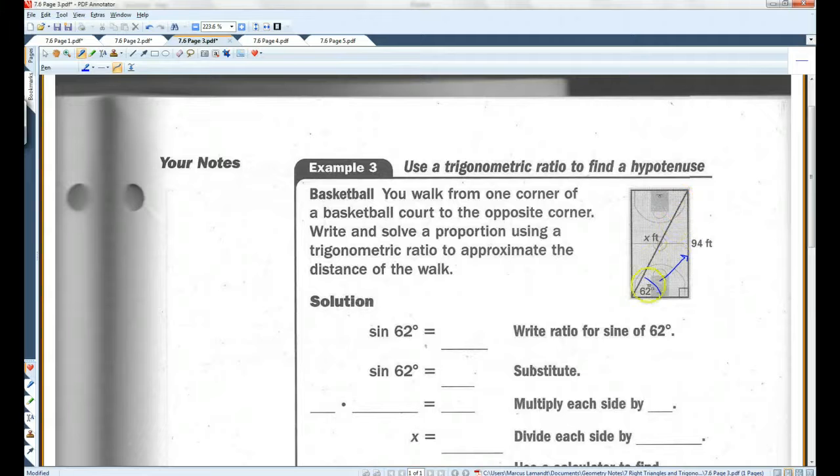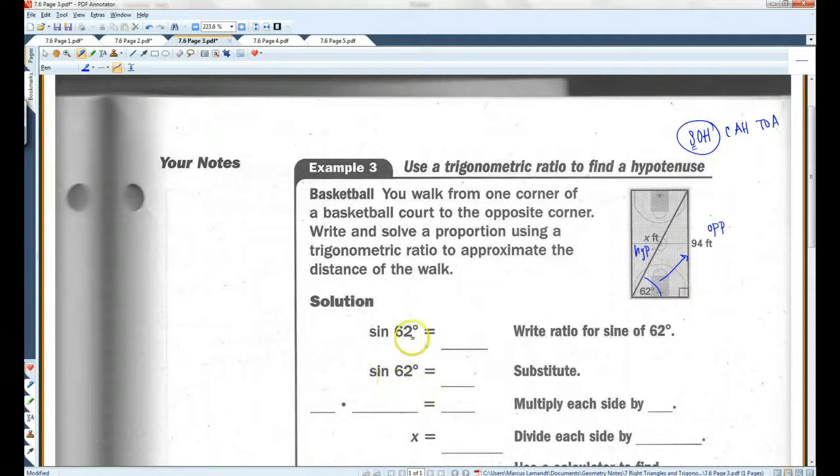We're looking for this one. So, this one is the opposite side, and we know that x is the hypotenuse of our right triangle. Opposite and hypotenuse. You're going to use sine, because sine is the one that involves opposite and hypotenuse.